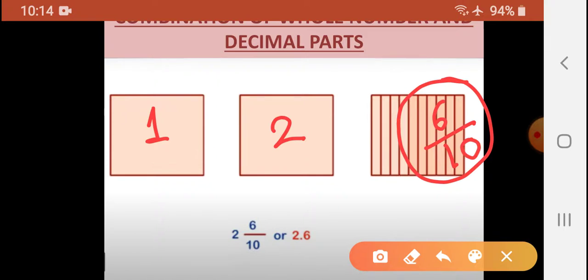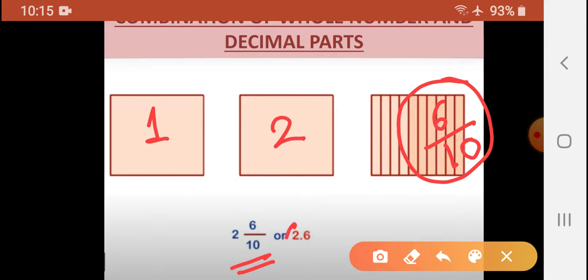The shaded figures represent the fraction 2 6/10, and it is also represented as 2.6 and is read as 2.6. Both are correct.